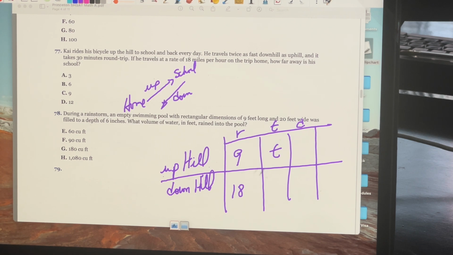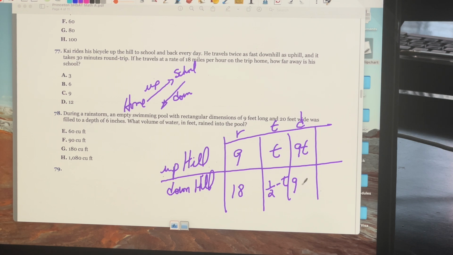The whole trip takes half an hour, so we're going to write half, or 0.5, minus T, which is the time that it took him to go uphill. So that is our T expression. Now, what is the distance? Remember, you have to do this properly here: 18 times a half is 9.